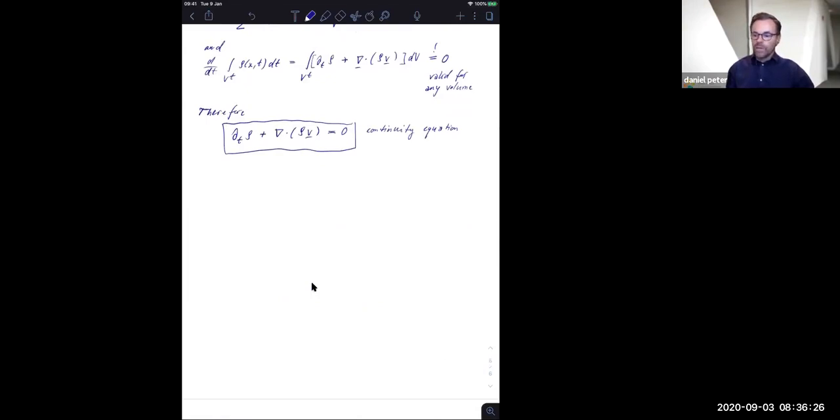And when we change that, what we define is basically a material derivative, and then we can switch to a Lagrangian description. The material derivative basically moves along with that little parcel.